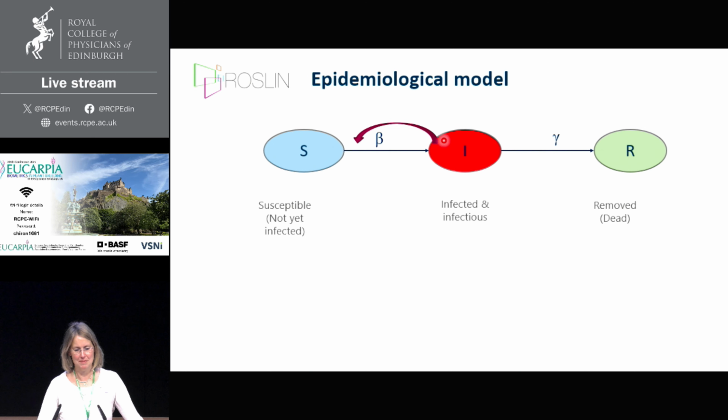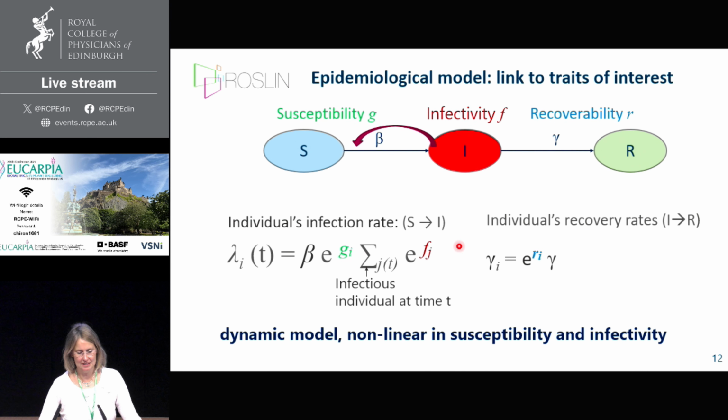And now we need to link this model to the traits of interest, and this is here with the two key formulas. The rate at which susceptibles become infected is called the individual's infection rate, the force of infection. It depends on a mean transmission rate that could be controlled by which type of pathogen, which environment it's in.